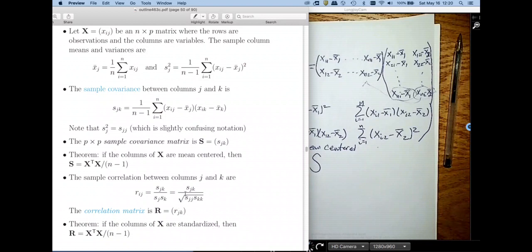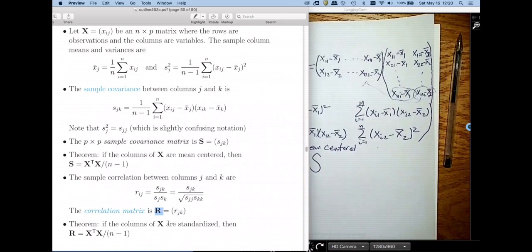Now, let me review what a correlation matrix is. Correlation matrices are where we divide the covariances by the product of the standard deviations. So here's the product of the standard deviations. We usually call our sample correlation matrix R. The population correlation would be rho.